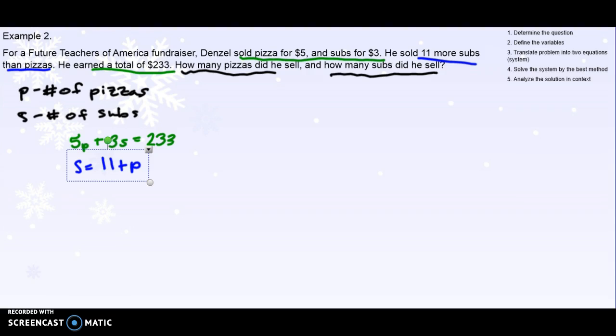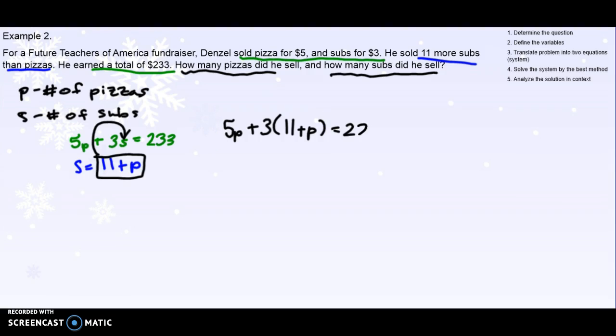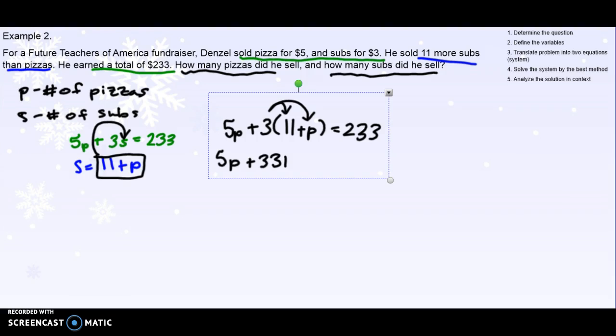So what we can do now is solve this system. I know that S equals 11 plus P, so I'm going to take that and plug it into S in my first equation. What we'll have is 5P plus 3 times 11 plus P equals 233. I'm going to multiply my 3 through, distribute it. So I'll have 5P plus 33 plus 3P equals 233.